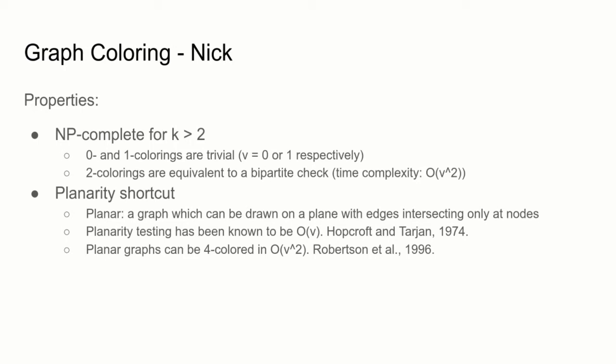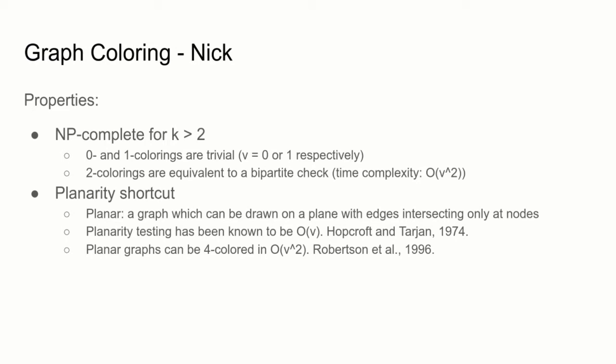Now, there is a shortcut that seems to have cropped up in around the 90s, which is planarity. Planarity is the notion that you can take a graph and draw it on a plane, so on a piece of paper, where the edges only intersect at the nodes.